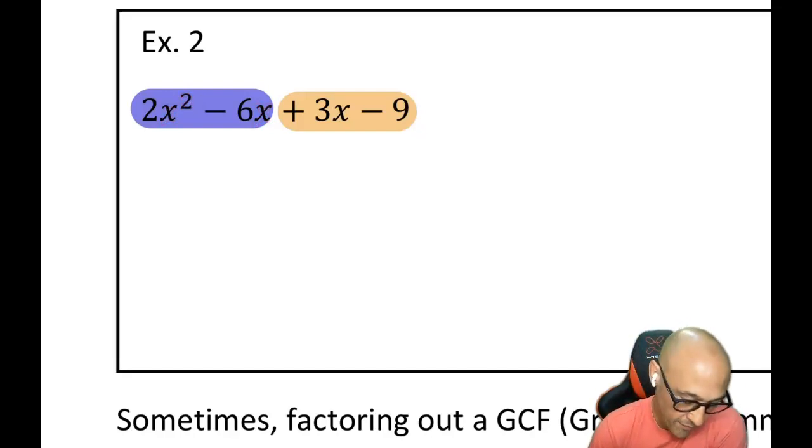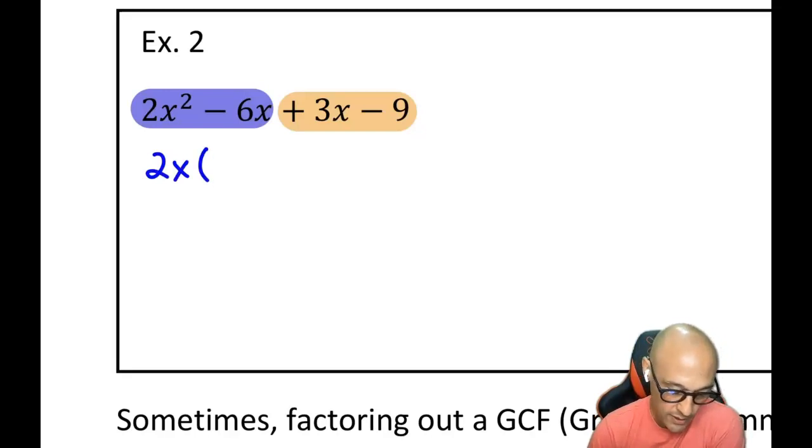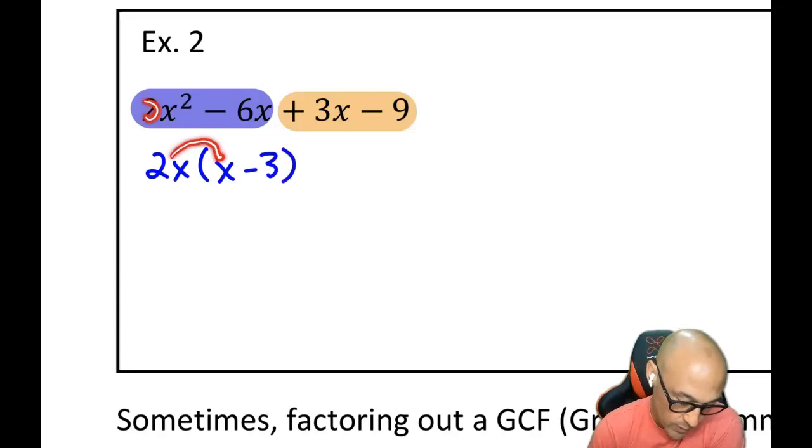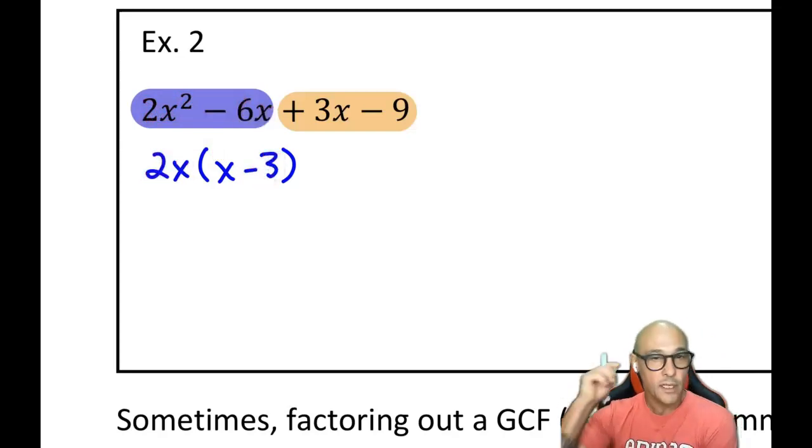So the greatest common factor there is going to be 2x multiplied by the quantity x minus 3. Now notice that when we do 2x times x, we get 2x squared. And when we do 2x times negative 3, we get negative 6x. So distributing there is the opposite of factoring.